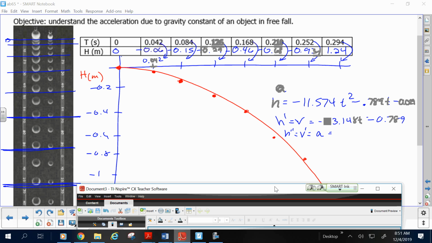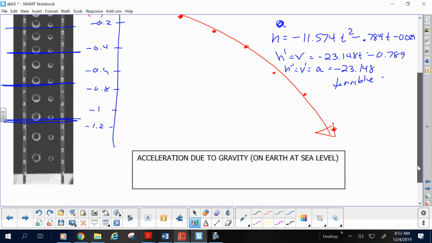Wow, we really failed this. God, this is terrible. We're not even close. When I did this by myself yesterday, I got much closer. This is terrible. Okay, because what should we be getting? Negative 9.8.